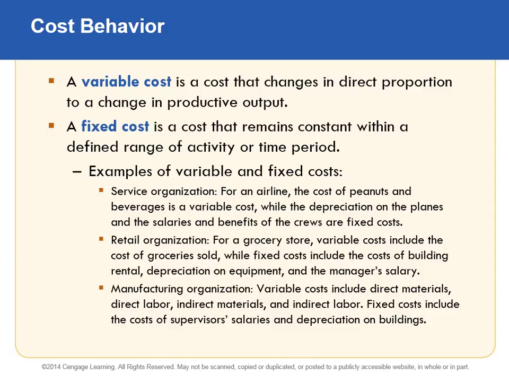Okay. In manufacturing organizations, variable costs include direct material, direct labor, indirect material, indirect labor. And your fixed costs include the cost of supervisor's salary and depreciation on building. All right.